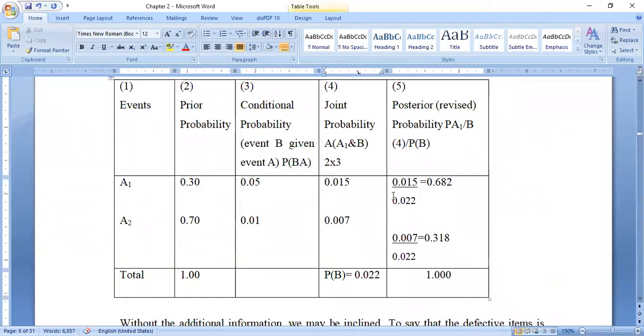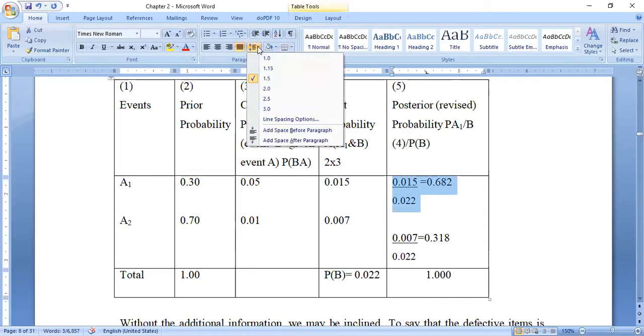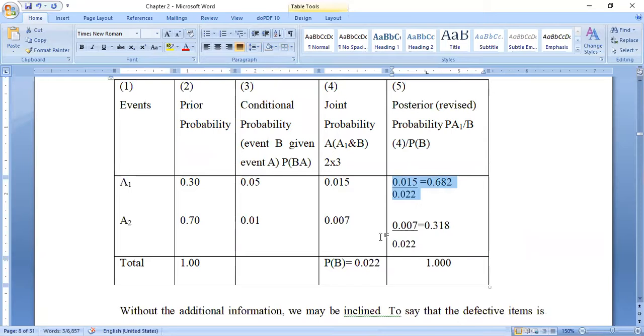Then after getting this information, what we are going to do is this 0.015 plus 0.007, that is P of B equals 0.022.